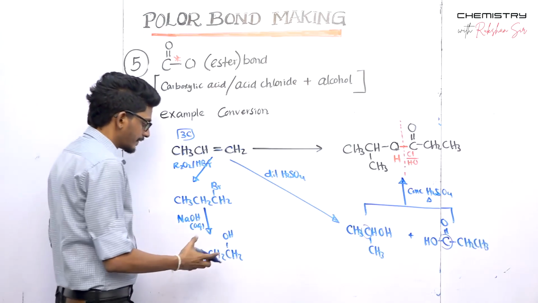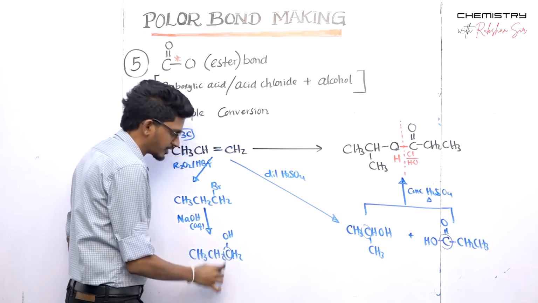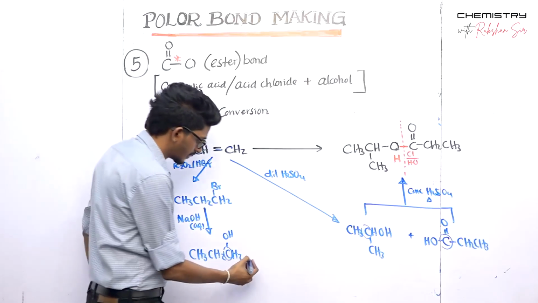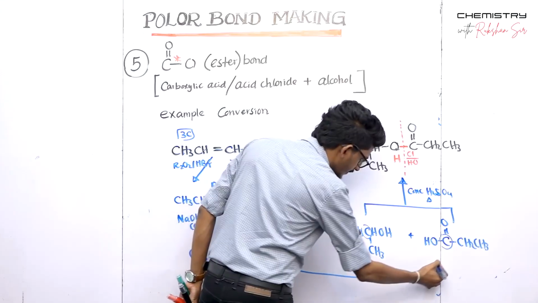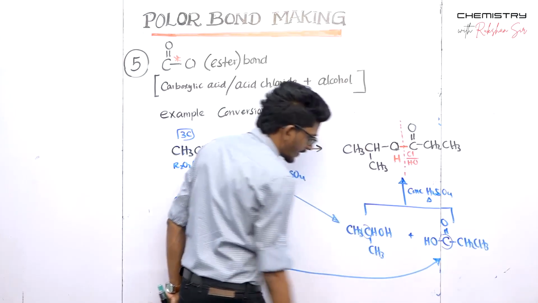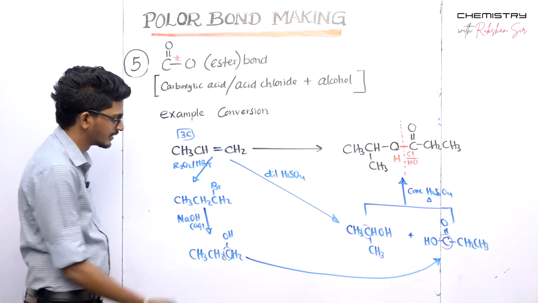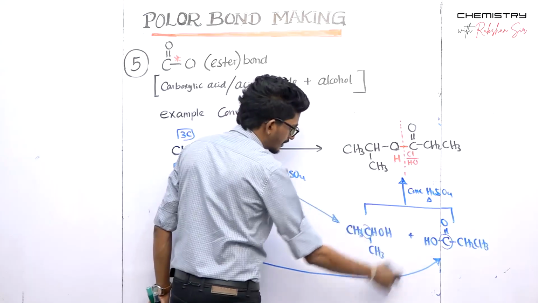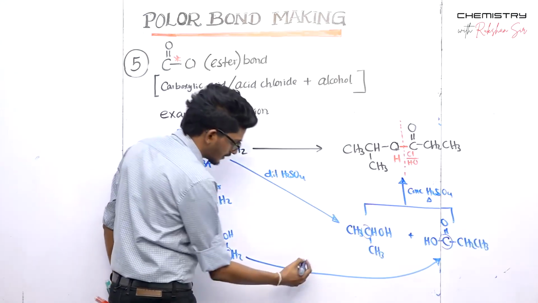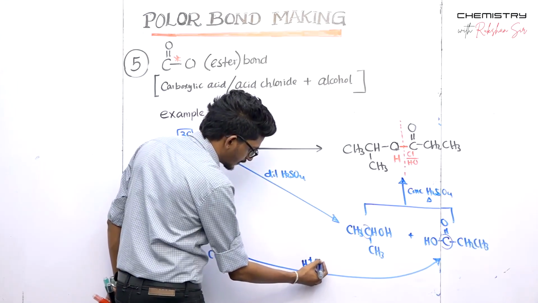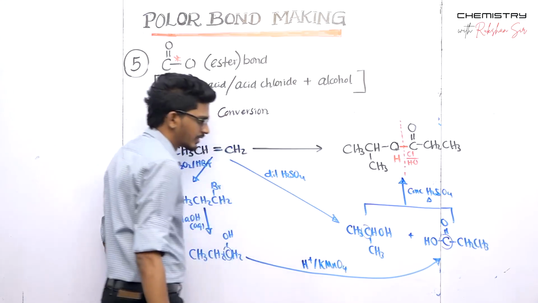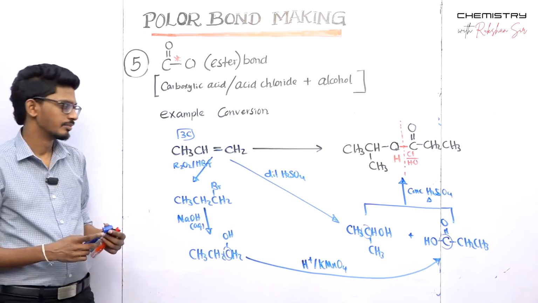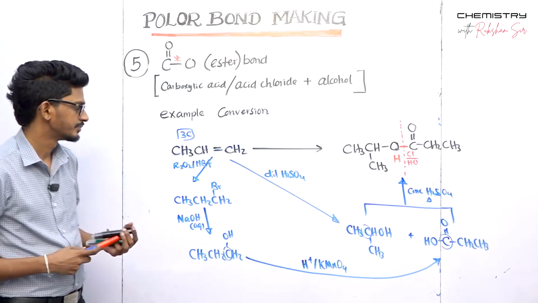Then the alcohol with the corner carbon functionality can be converted easily to a carboxylic acid. As it is a primary alcohol, you can convert that easily to the carboxylic acid with the same R group, right? So just H plus with permanganate, or one can say one can come up with dichromate as well, right?